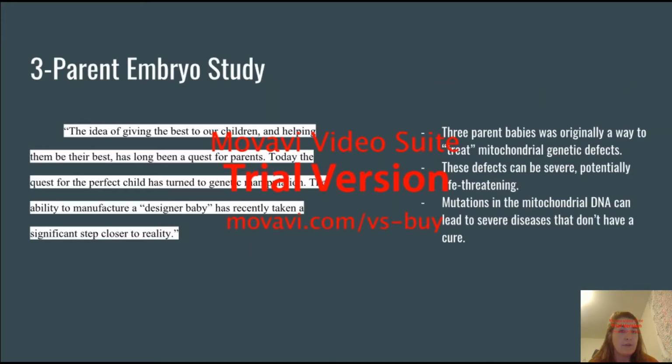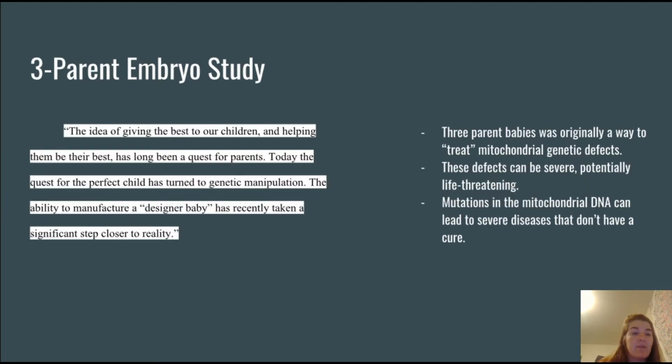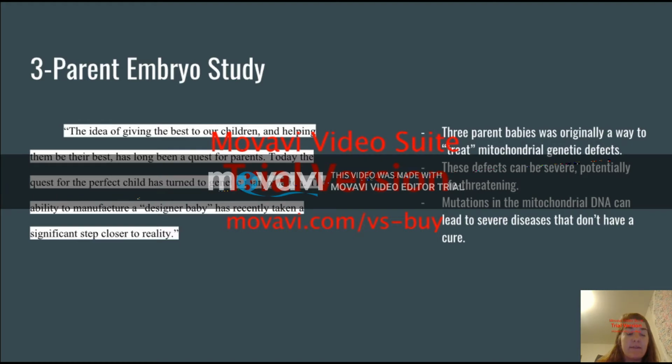There's another study going on as well, a 3-parent embryo study, and just a little quote: "The idea of giving the best to our children and helping them be their best has long been a quest for parents. Today, the quest for the perfect child has turned to genetic manipulation. The ability to manufacture a designer baby has recently taken a significant step closer to reality."